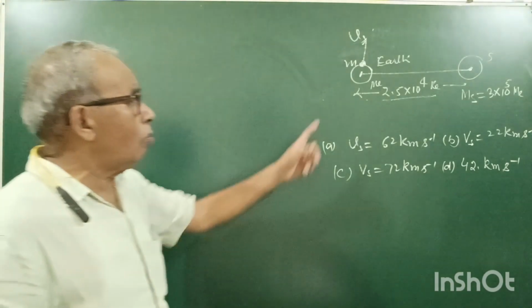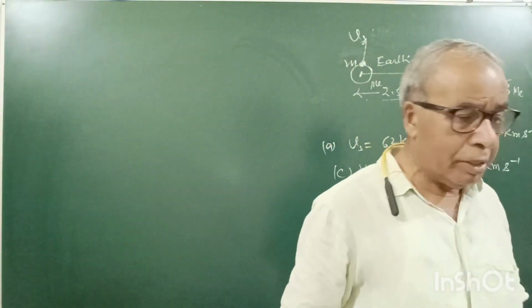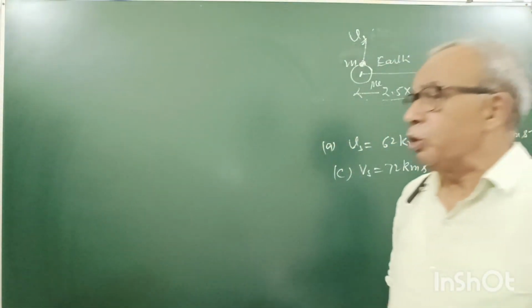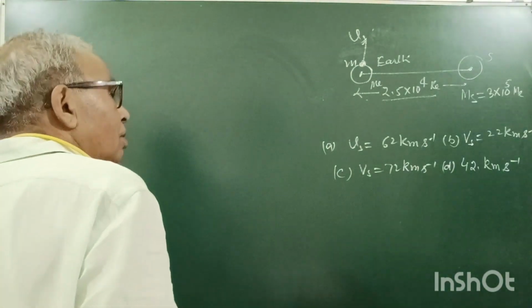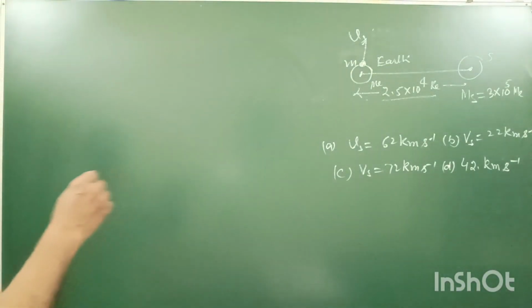Actually, when it goes beyond the pull of Sun and Earth, then total energy will be zero. Total energy is gravitational energy plus kinetic energy.